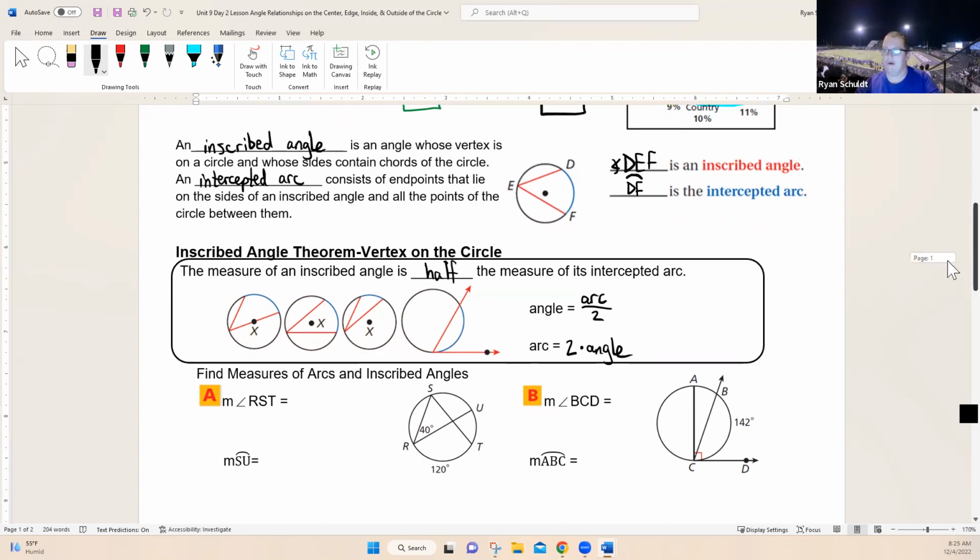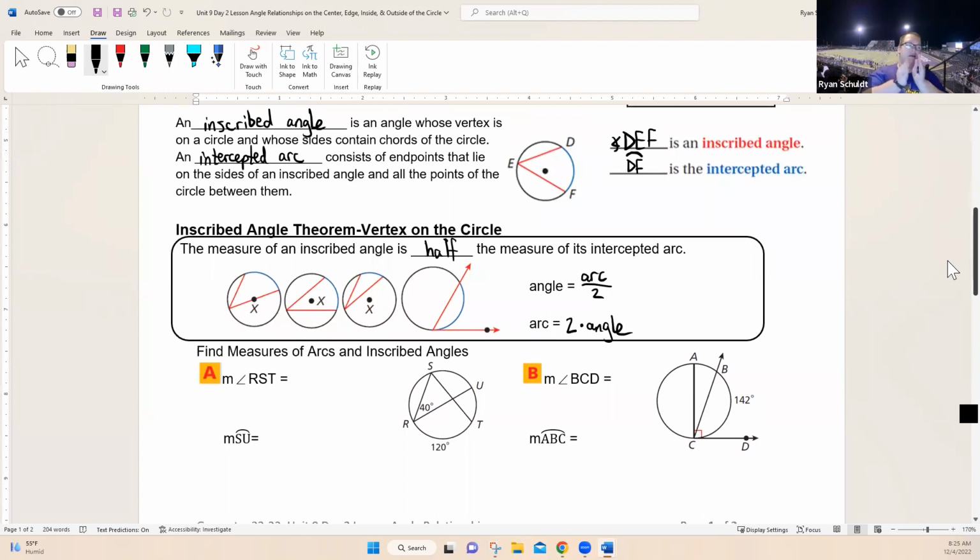It just depends on which way you go. If you're starting with the angle, multiply by 2, that gets you the arc.